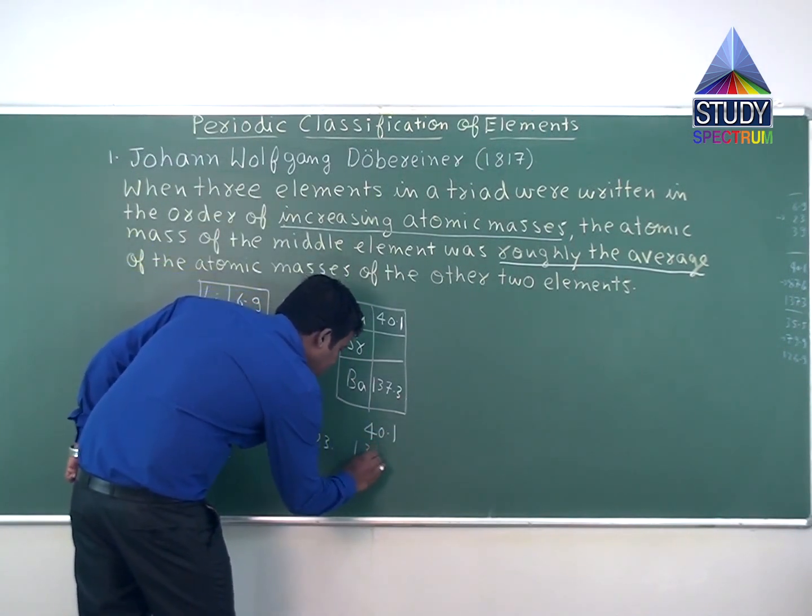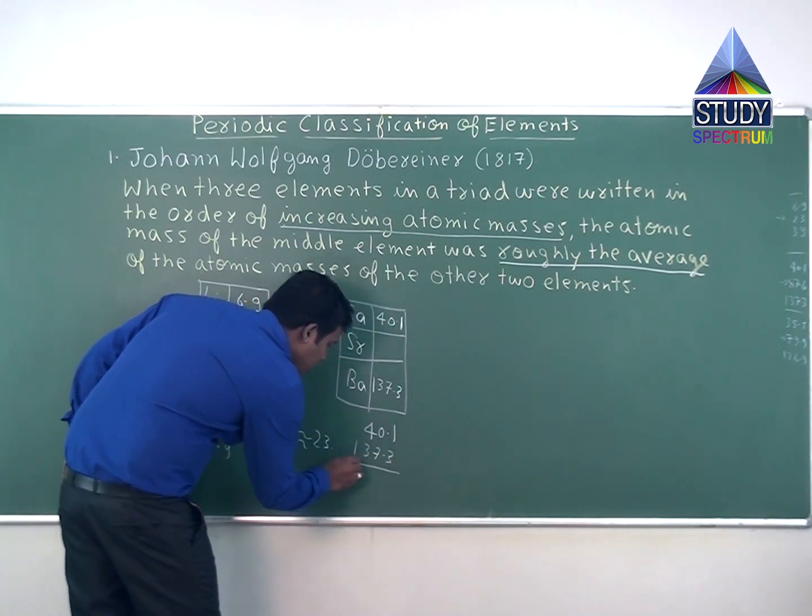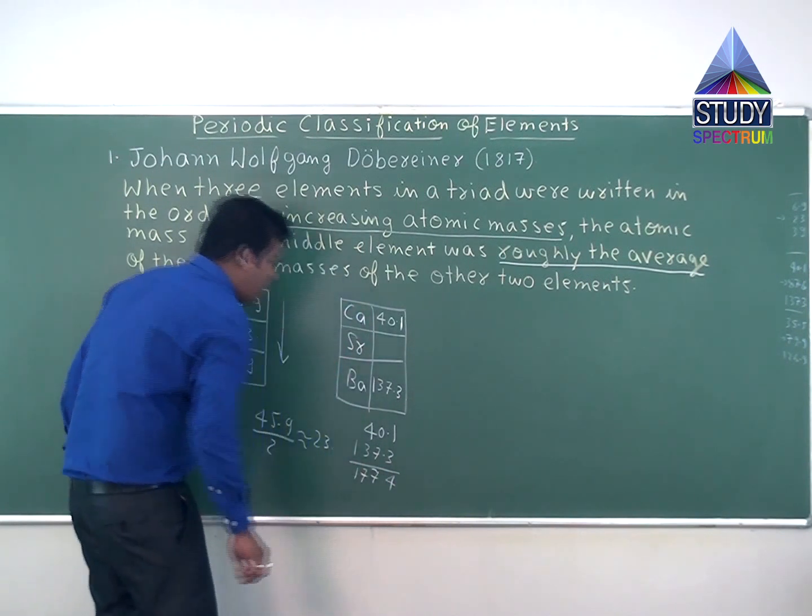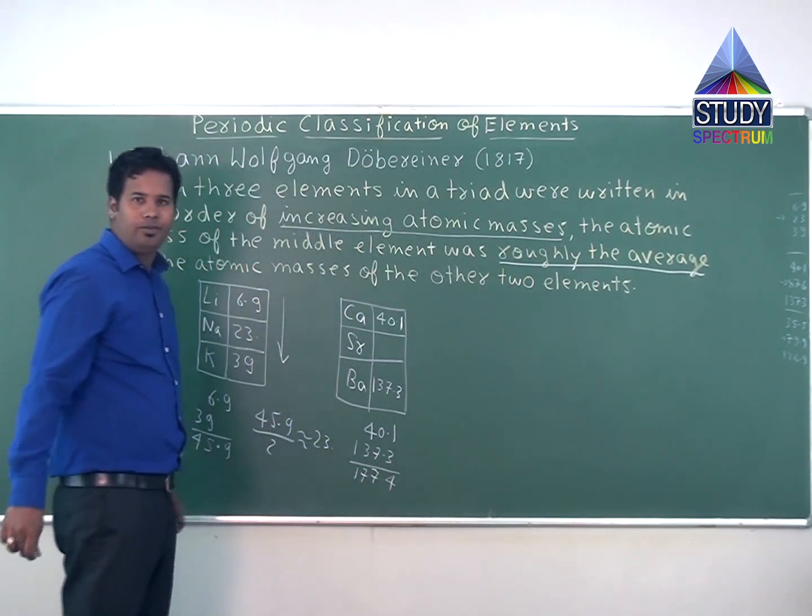So if I add 40.1 and 137.3, then it becomes 177.4.